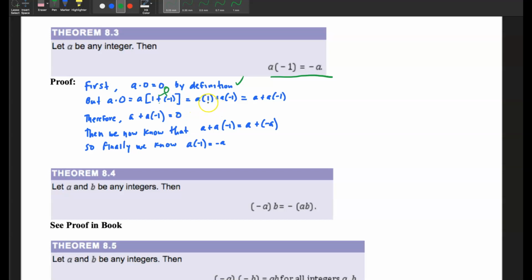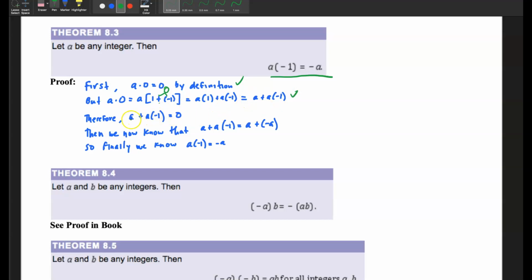And then you have the distributive property. If that's true, a times 1 plus a times negative 1, then this is true from the distributive property, and we know a times 1 is just a. So then we have this.